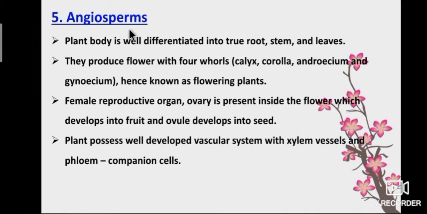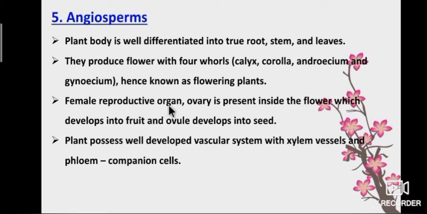Fifth one, angiosperms. This type of plant body is well differentiated into true root, stem and leaves. They produce flower with 4 whorls. What are 4 whorls? Calyx, corolla, androecium and gynoecium. Hence, they are known as flowering plants.